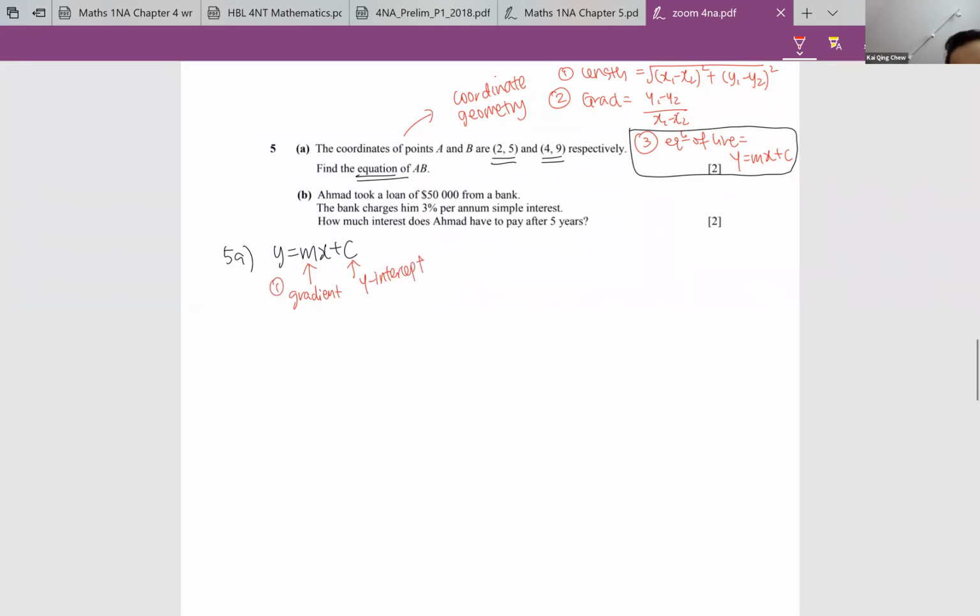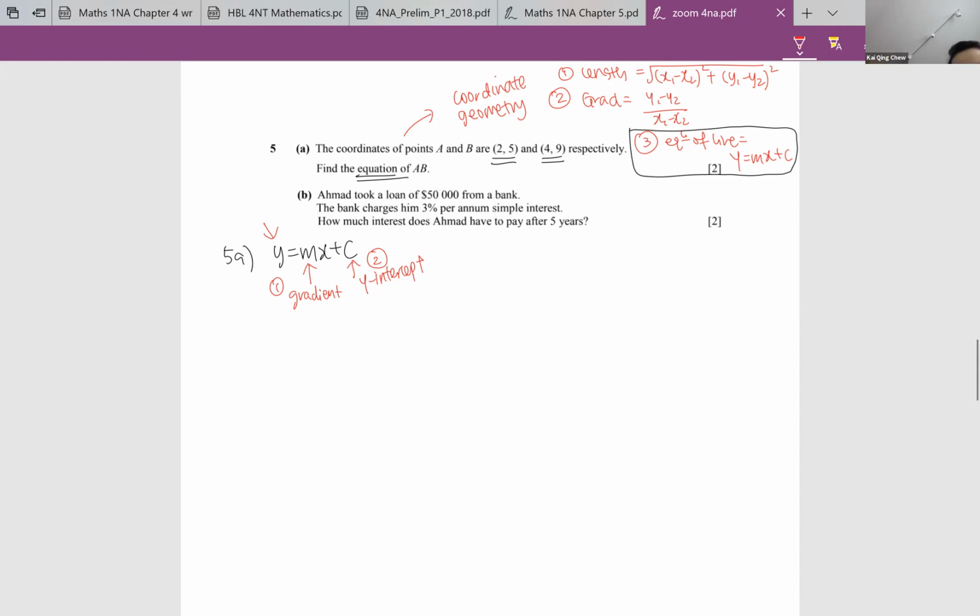I need to find 2 things in order to find the equation of line. My aim is to find the gradient and the y-intercept. Then after that, I can find the equation of line.